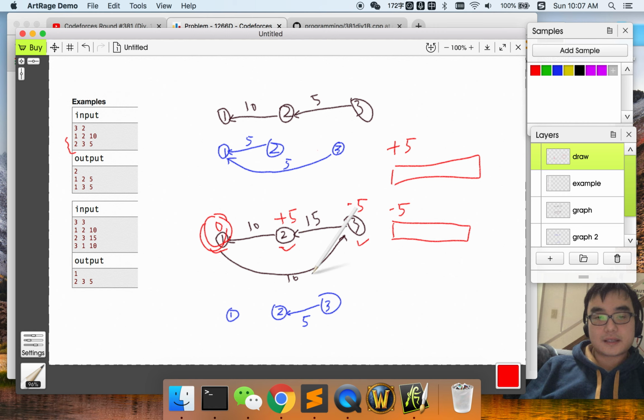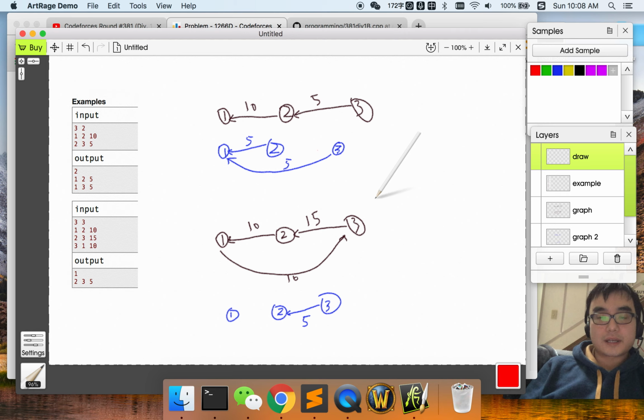For example, in this case, the positive person is the second person, and we just randomly choose one person in the negative queue. In this case, the person we get is the third person, and we connect them, and we lend from the negative person to the positive person, right? So in this way, we can get a minimal graph, right?